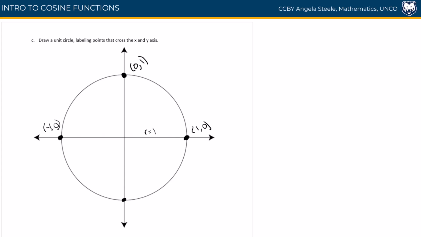And then the 6 o'clock position, this point would be (0, -1), because we are 0 units to the left or right of our origin, and then we are 1 unit below. Okay, so this right here is our general unit circle, and I've labeled those 4 key points when we have a radius of 1. So this is referred to as the unit circle.